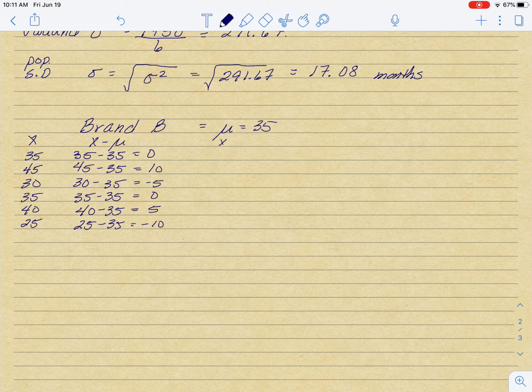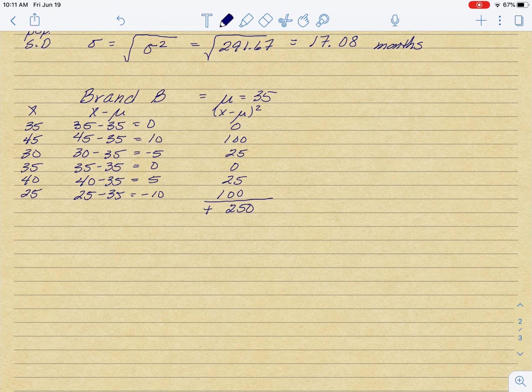So the next thing we want to do is then square those values. So 0 squared is 0, 10 squared is 100, negative 5 squared is 25, 0 squared is 0, 5 squared, and negative 10 squared. Okay, and now what we want to do is add that up. So this is going to be 250.